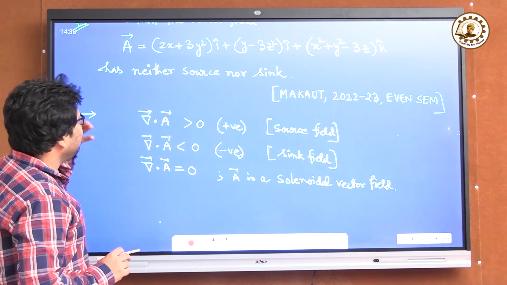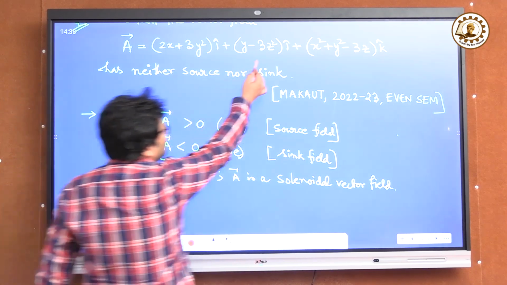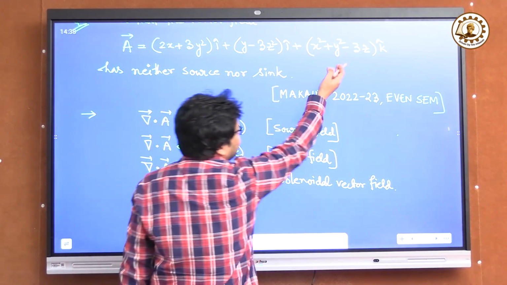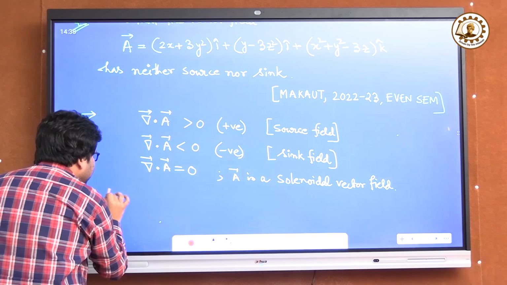So the A vector is given by 2x plus 3y squared, this is the x component, this is the y component, and this is the z component. So we have to take divergence over this vector. So what is the divergence?